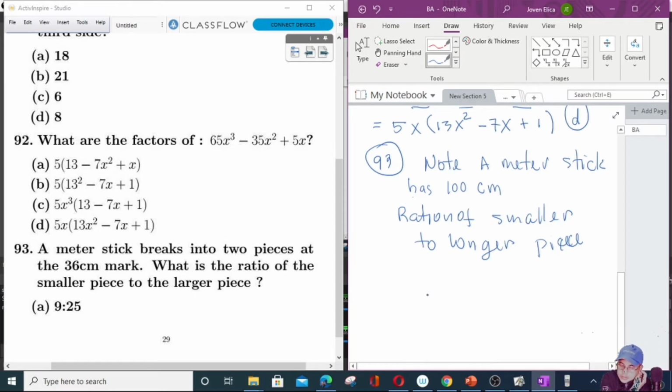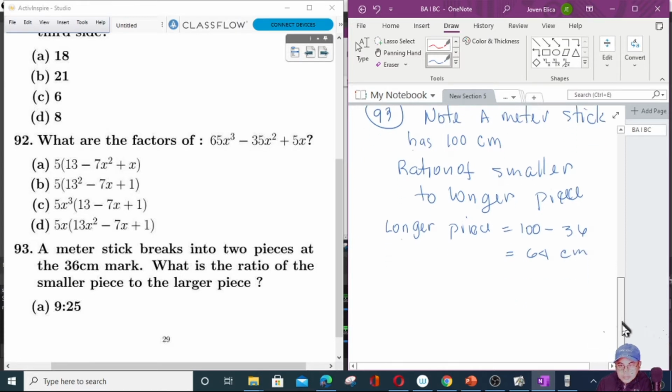So in order to get the ratio, let us first get the longer piece. We have 100 centimeter minus the given 36 centimeter, we have 64 centimeter.